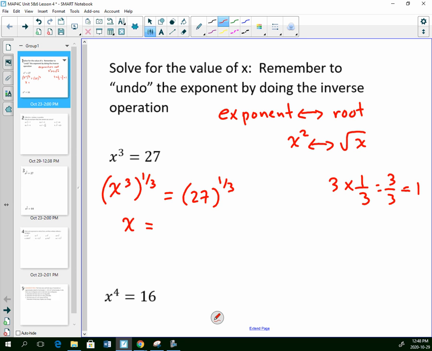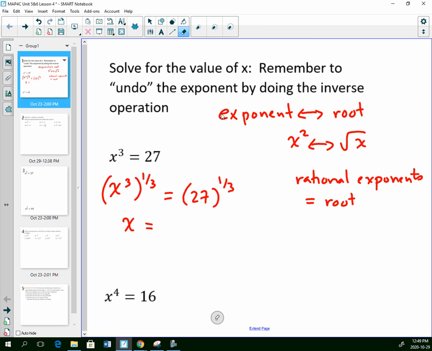Well, what does 27 to the 1/3 mean? A fraction or rational exponent indicates a root. So I'll just write this here: rational exponents, or fractions, equal a root.